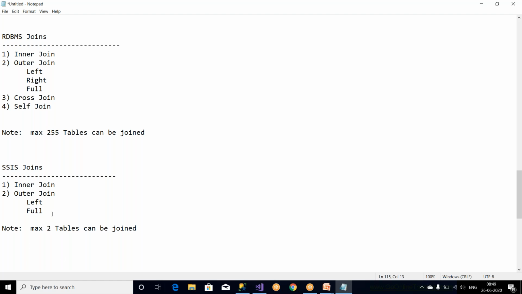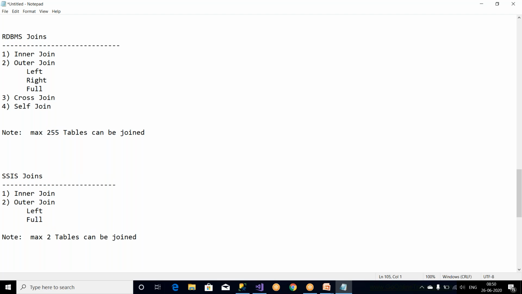If you want to join 3 tables, what you need to do is first join 2 tables, get the output, and take the output and join it with the third table. Like that, you join the data of 2 tables, join with the third table, get the data, and again join that final data with the fourth table. You cannot directly join 3 tables at a time. Here, a maximum of 2 tables can be joined.